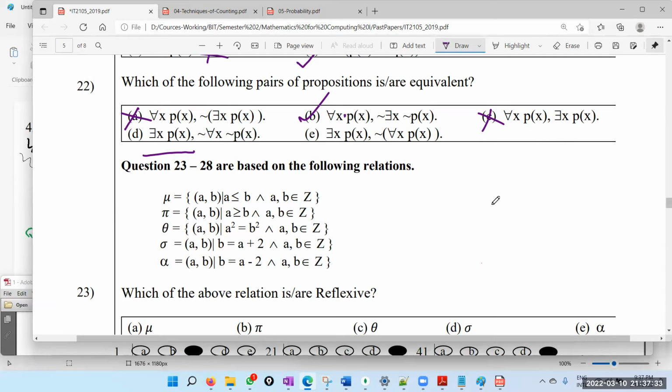This one says if you say all are not Px, that is wrong. That is false. Right? If you say all are not Px, that is wrong. So that means at least one Px must be there. That is what this guy says. Px exists. So therefore I will take this. I will take this. Right?